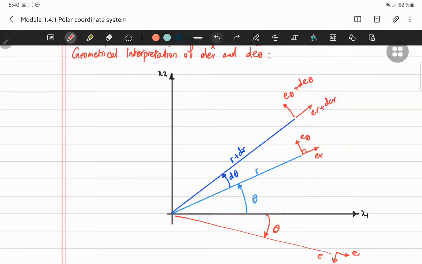So remember, where you assume that r, for example, is increasing, because it is increasing in this direction, I put er in this direction, and theta is increasing in this direction.